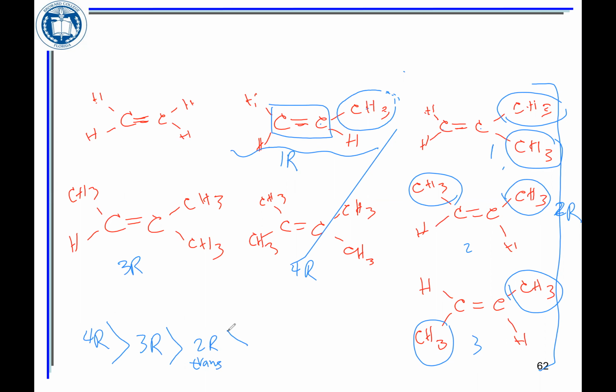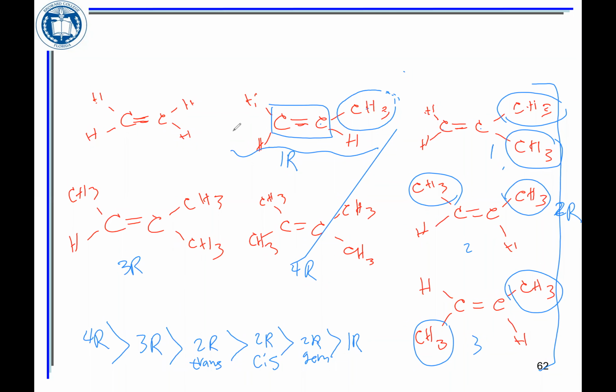The 2R trans is more stable than the 2R cis. The 2R cis is more stable than 2R, I'm just going to call gem, like a geminal, then 1R. So these are the order of stability of the alkene based on the number of alkyl groups attached to the CC double bond.